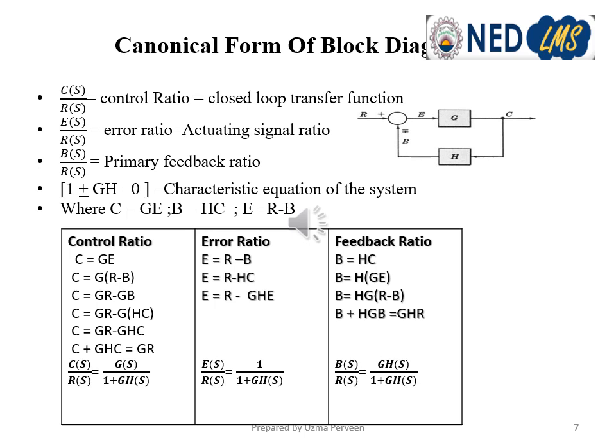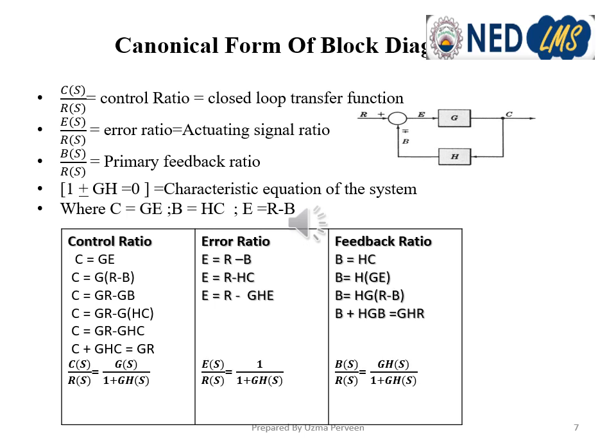So 1 plus minus GH is equal to the characteristic equation. Please note that if we have a plus or a positive feedback, then we will have a negative sign in the denominator or the characteristic equation. Here in the diagram, you can see that we have used the summer with minus plus sign, and in the answer we have used plus minus, that is actually the reciprocal of the sign in the canonical form.